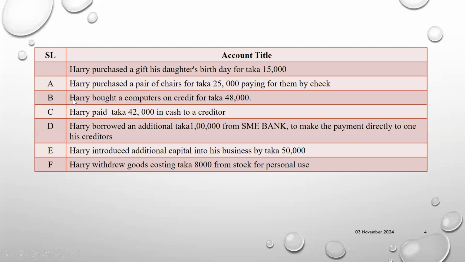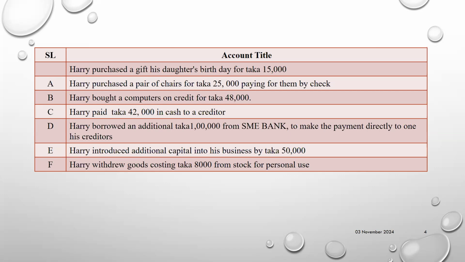Come to the next transaction. Transaction B. Harry bought a computer on credit, on account. On credit, mind it, on account. It is not cash related. Payment is next. This is the accrual basis.